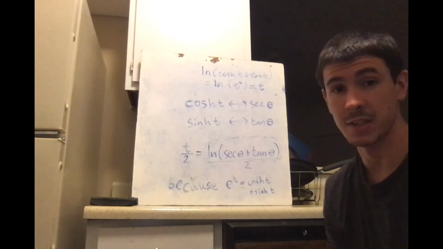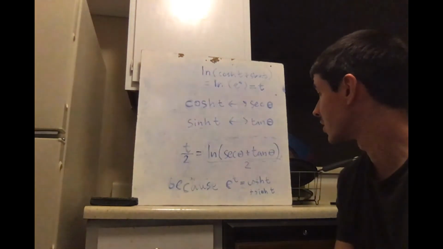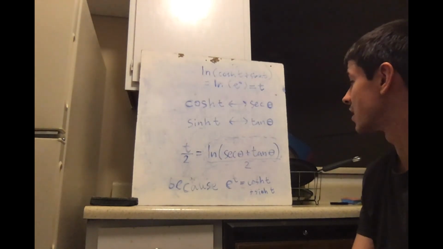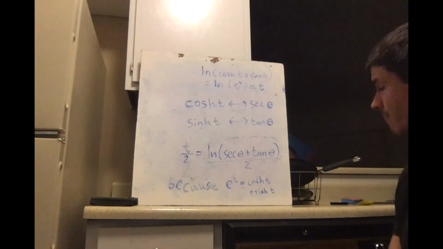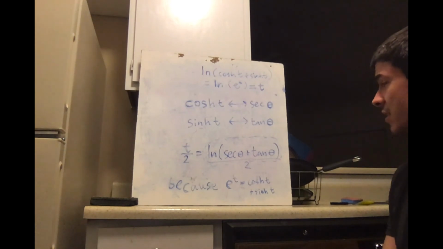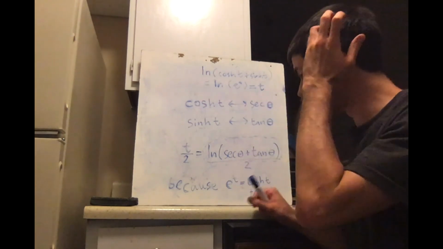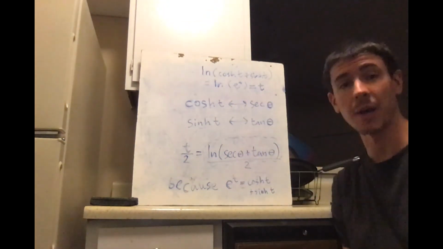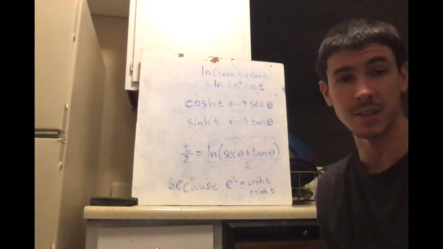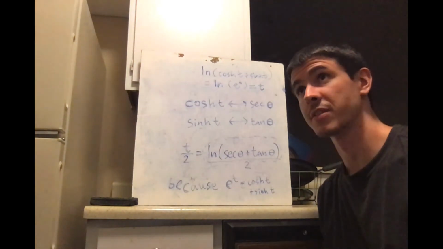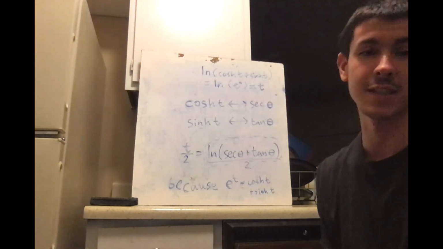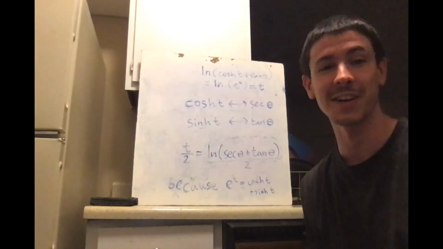And now we have a nice geometric interpretation for it, which is pretty cool. Something similar happens for the hyperbolic secant and the hyperbolic tangent, and it involves arctangent, but that can be another story for another day.